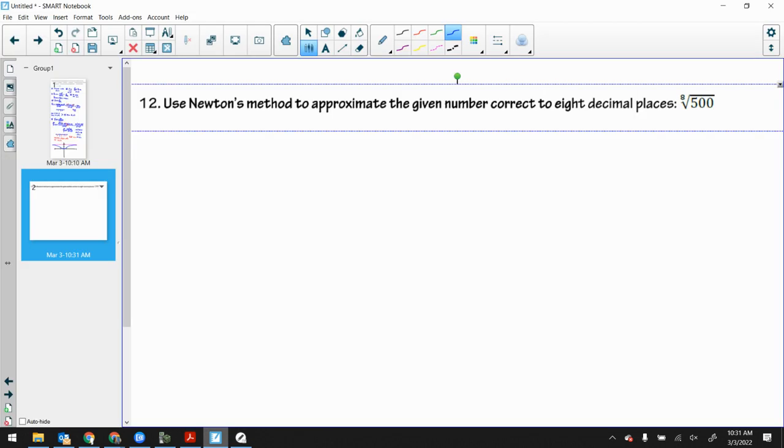All right, so I've got the 8th root of 500 is going to be some value x, and I'm looking to find x. So that means 500 is really x to the 8th. So if I want to find the 0 of this function, 0 is equal to x to the 8th minus 500.